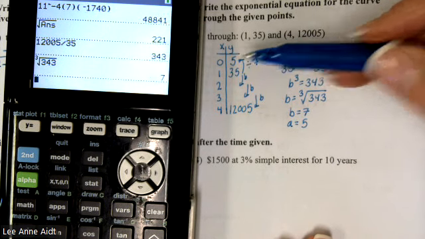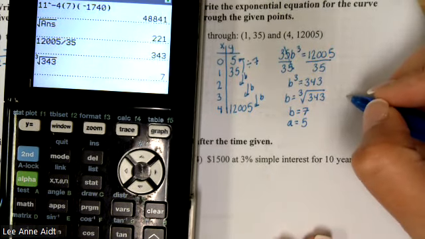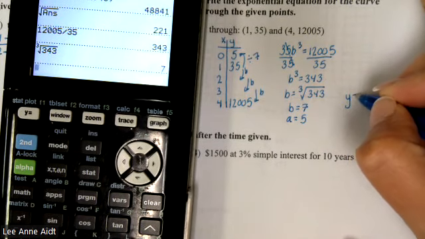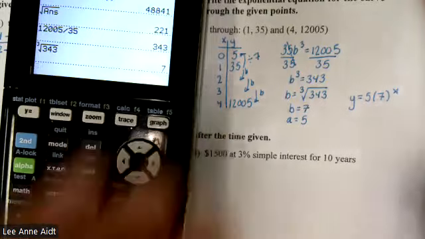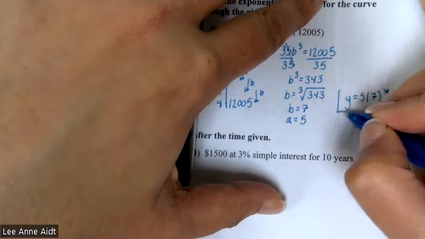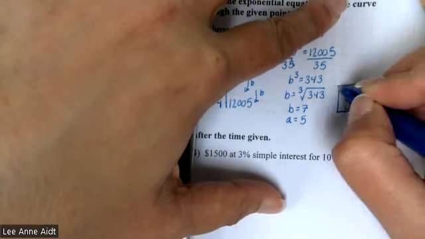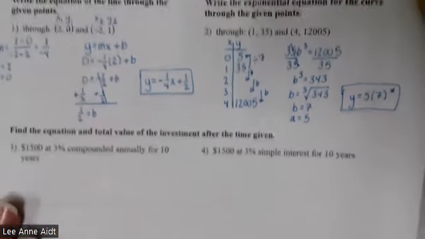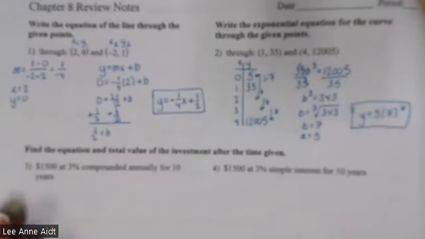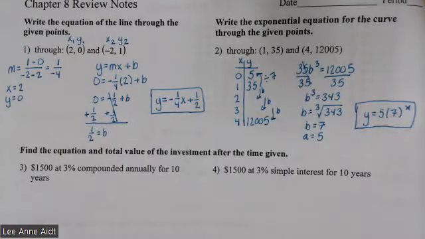Right next to the 0 in the table. Okay, so final answer is y equals 5 times 7 to the x. Any questions about number 1 or 2? You guys okay? Okay.